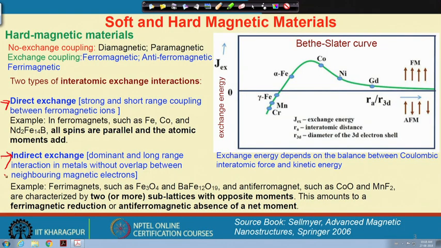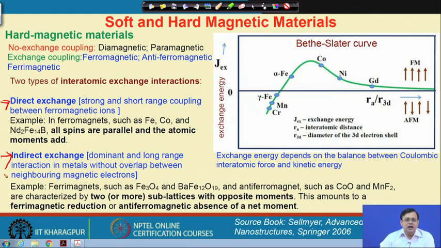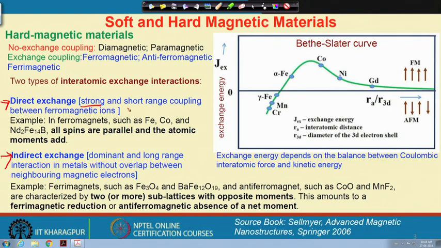The direct exchange mechanism and the indirect exchange mechanism are the two mechanisms that people have observed. In direct exchange, the coupling is short range, meaning when the atoms are very close to each other. The coupling is very strong and short range because of the ferromagnetic ions.